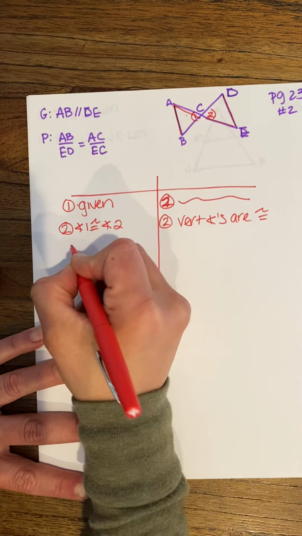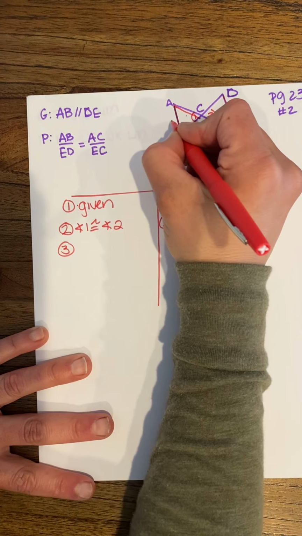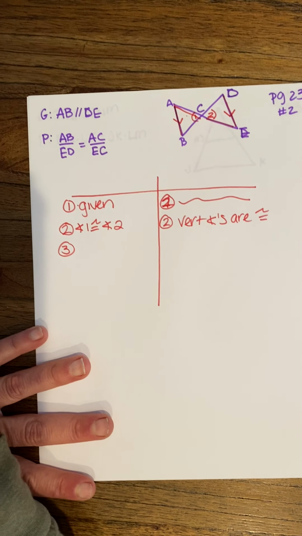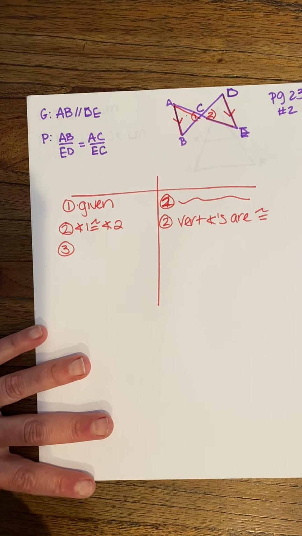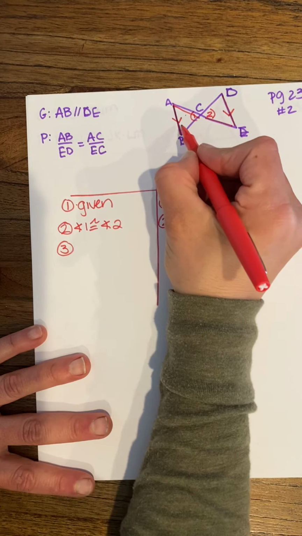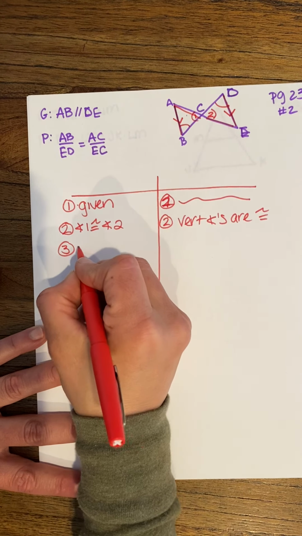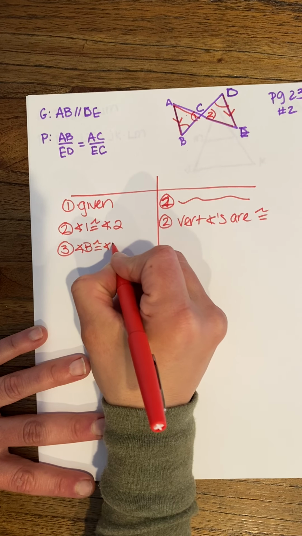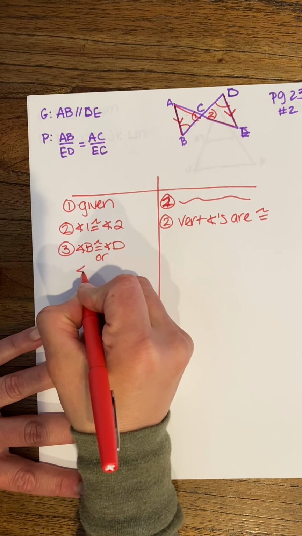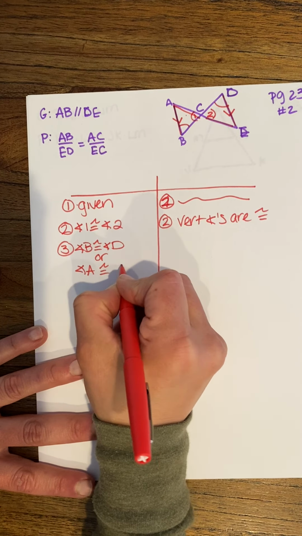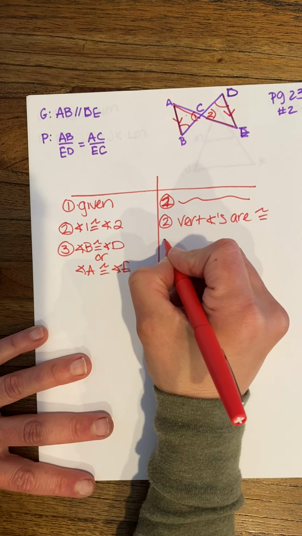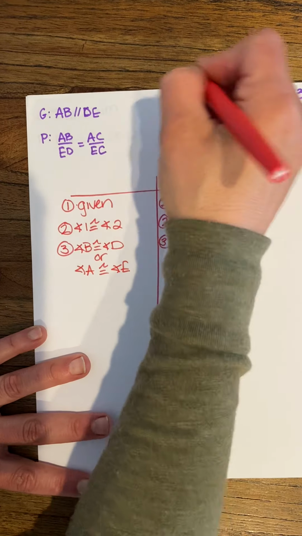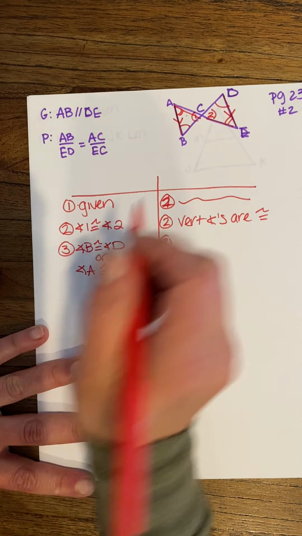And then the next set of angles I'm going to get off of the given, because I'm given AB is parallel to DE. Anytime I see parallel, I should be looking for alternate interior angles. So I could say B is congruent to D, or I could say A is congruent to E. It doesn't matter which one I say because, remember, the Z goes forwards and backwards, so both of those would be congruent.